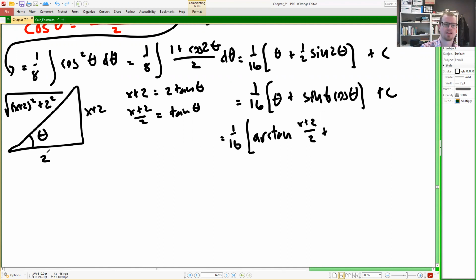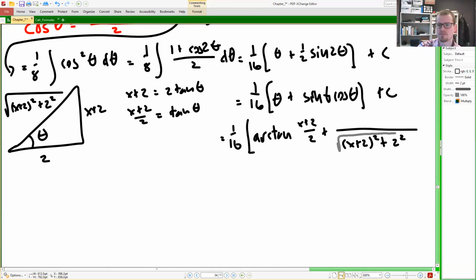Sine theta is opposite over hypotenuse, and cosine theta is adjacent over hypotenuse. So what we actually end up with is both of them being divided by this thing, which gives us the square root being squared, and the square root goes away.